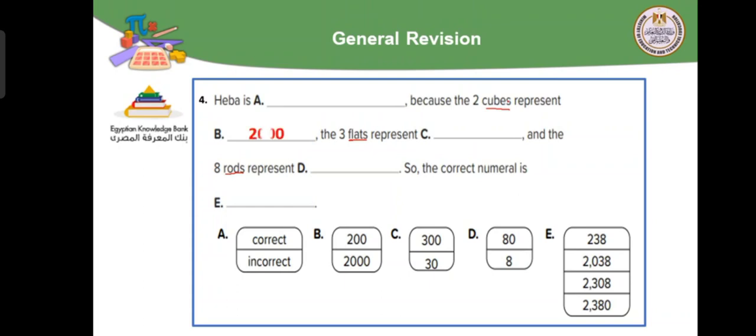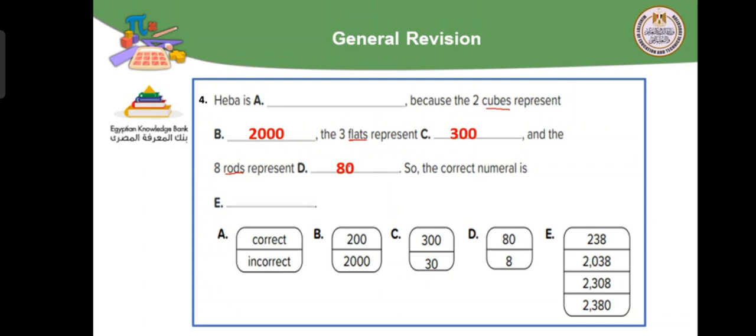Excellent, guys. Then 3 flats represent, excellent, 300. And 8 rods means what? 8 or 80? Excellent, 80. So the correct numeral, if I combine all of them in compact form or standard form, is 2,380.